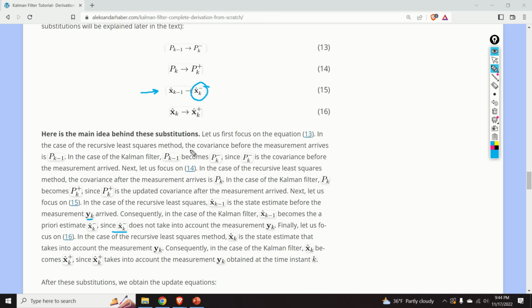Finally, let us focus on the equation 16. In the case of the recursive least squares method, xk hat is the estimate that takes into account the measurement yk. Consequently, in the case of the Kalman filter, xk hat becomes xk hat plus, since xk hat plus takes into account the measurement yk obtained at the discrete time instant k.